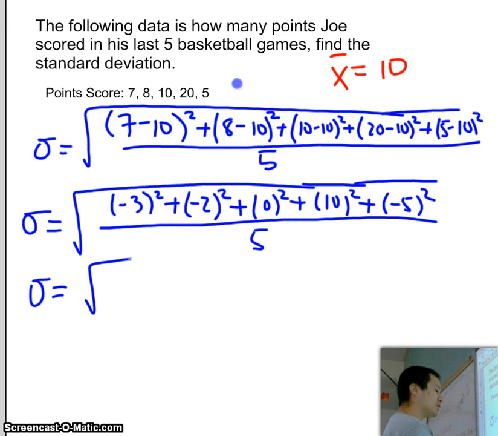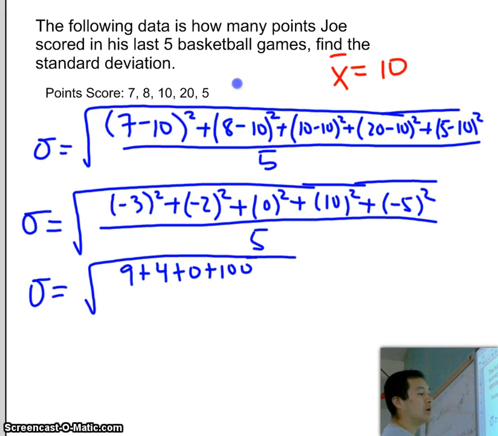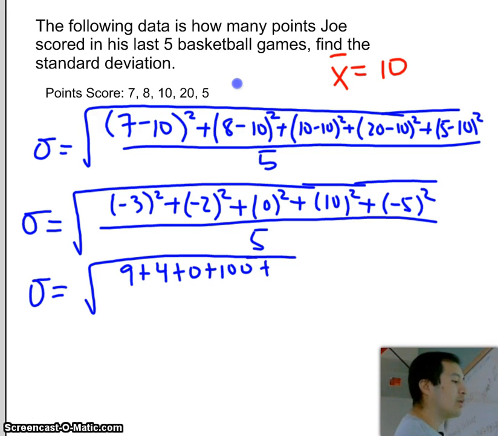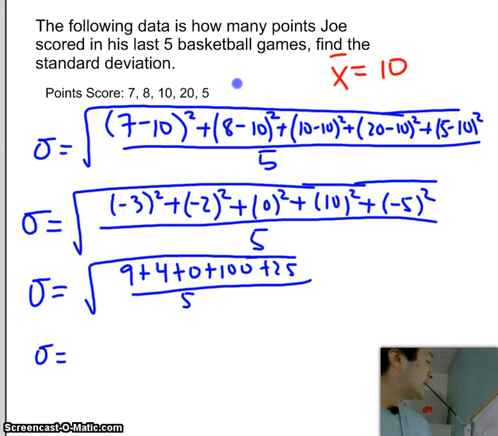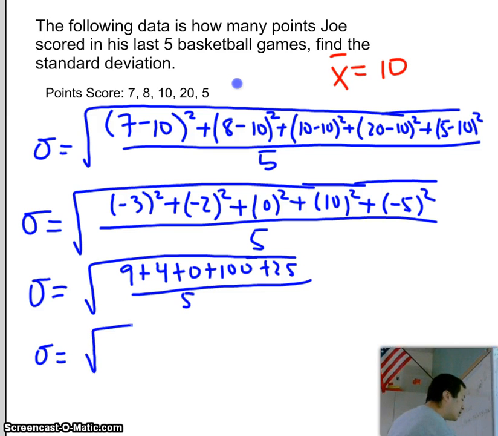Standard deviation equals the square root of 9 plus 4 plus 0 plus 100 plus 25, divided by 5. Alright, let's add them all together. 9 plus 4 is 13, plus 100 is 113, plus 25 is 138, divided by 5.